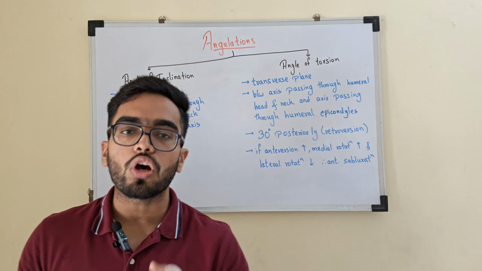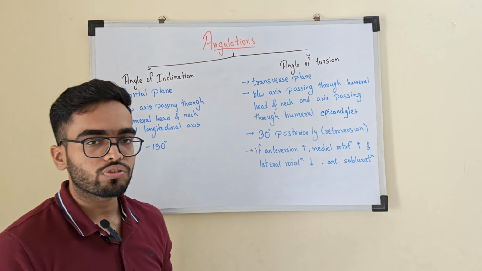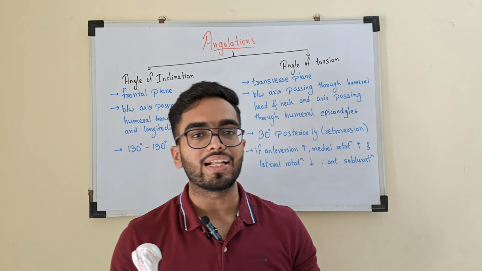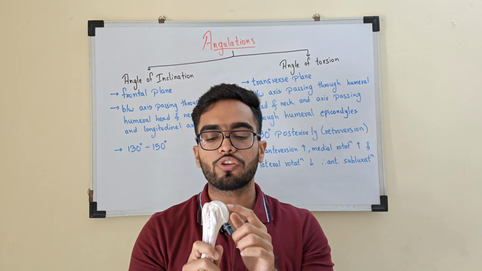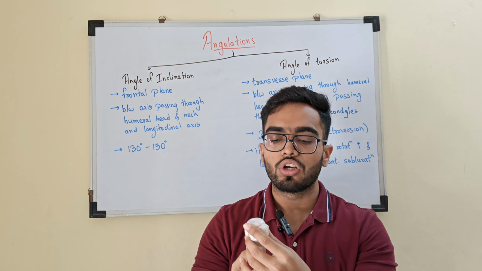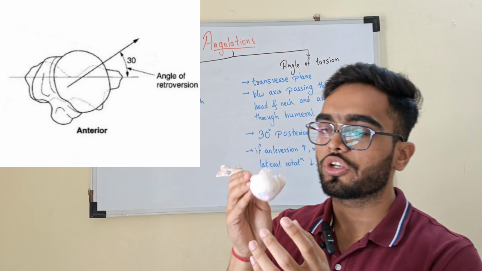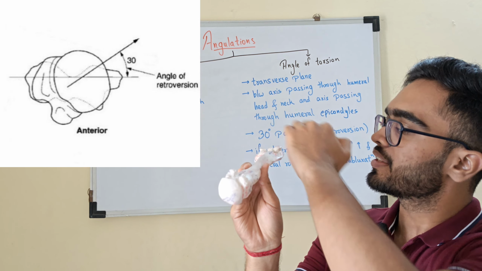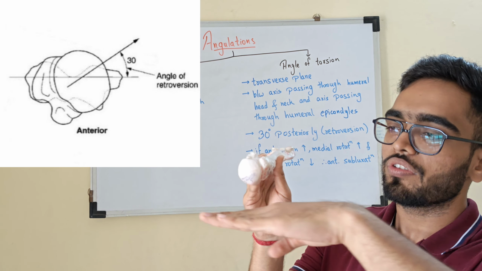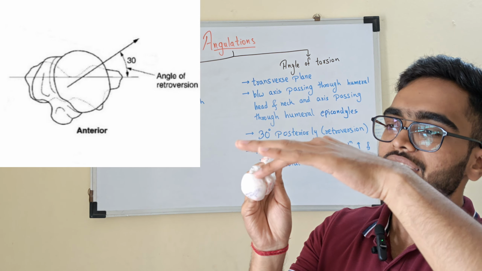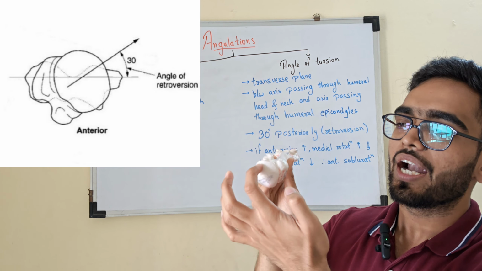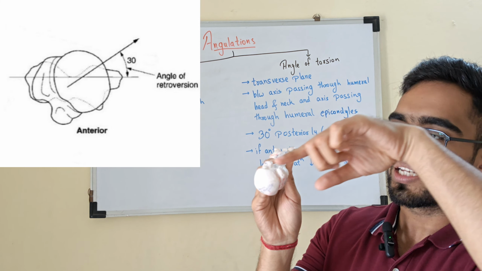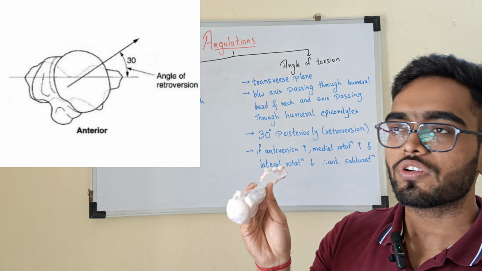Next, we have the angle of torsion. The angle of torsion is in the transverse plane. It is between the axis passing through the humeral epicondyles and the axis through the head and neck of humerus. If we view the humerus from the top, here we have the epicondyles, so this is the axis of humeral epicondyles, while this is the axis between head of humerus and the neck of humerus. The angle between them is the angle of torsion.